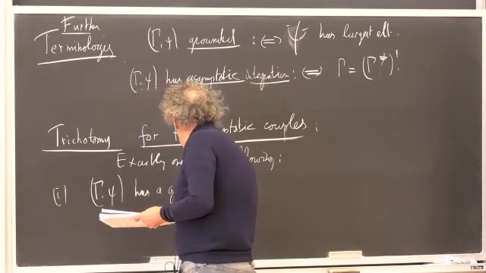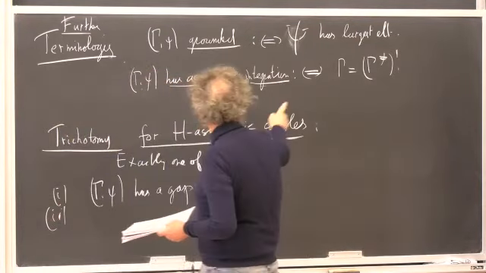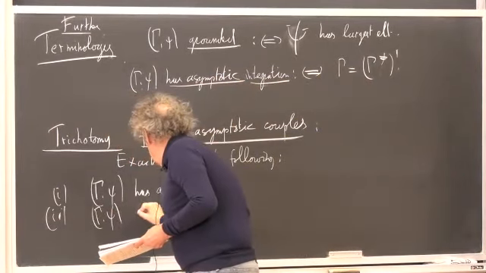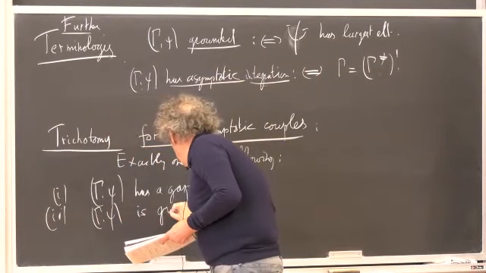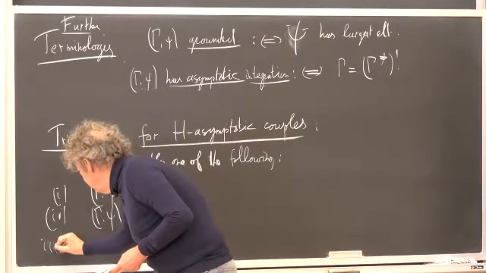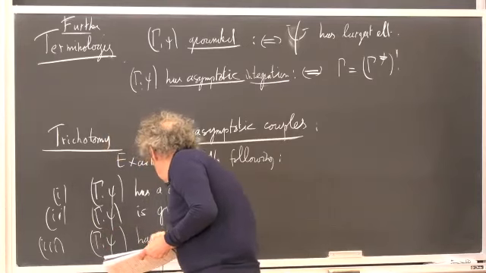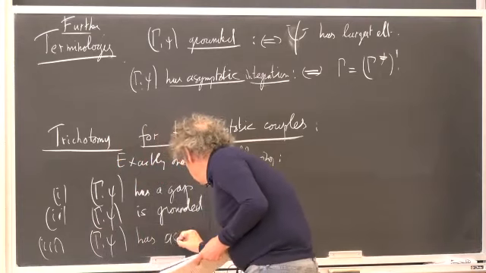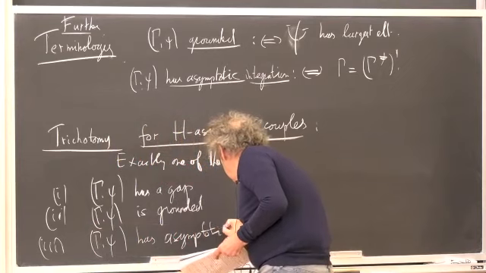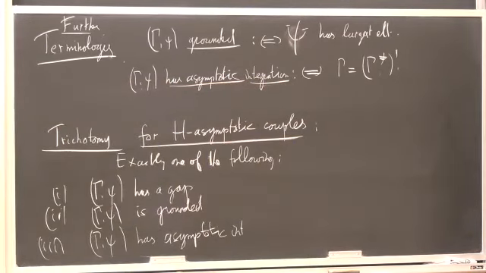Two, you have a largest element, in other words, gamma psi is grounded. And the third is that you have asymptotic integration: gamma psi has asymptotic integration. I mean, this was already suggested in the papers by Rosenlicht, but he didn't quite prove it.